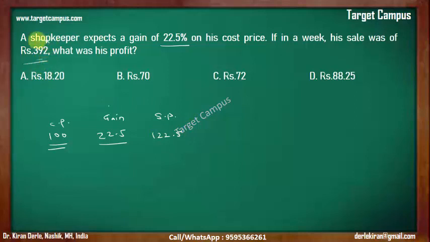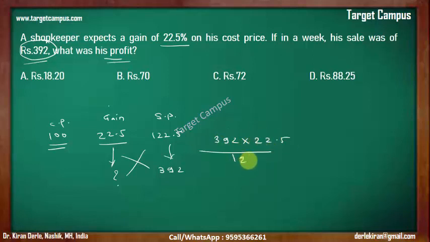What is given to us is the selling price of a week, so that selling price is 392. What is asked is the profit, so that gain is asked. So 392 into 22.5 upon 100 by 122.5. If you observe this, it may be 22.5 by 122.5.